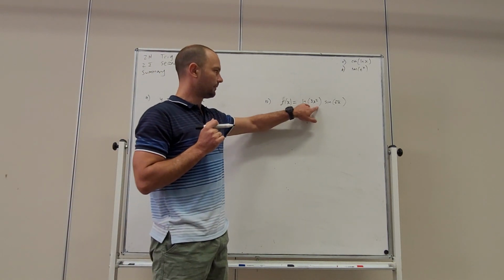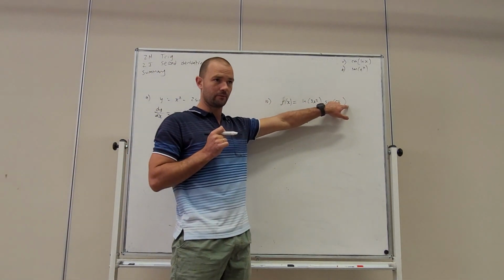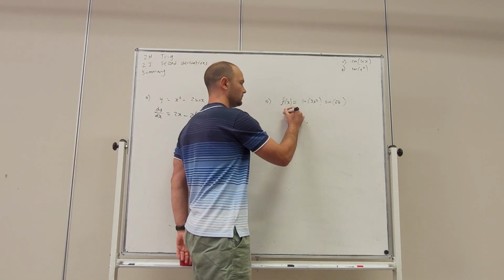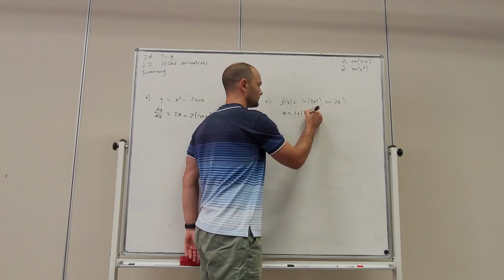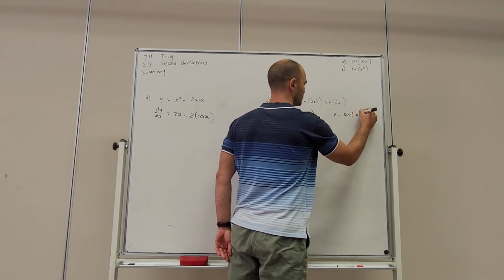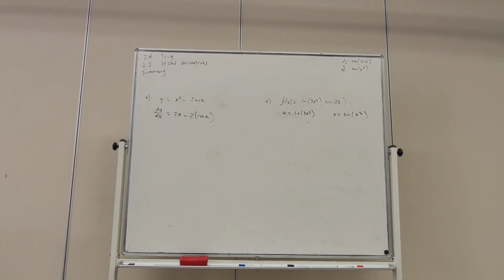Alright, we have ln of 3x squared times sine of the square root of x. So we're multiplying them, we have to use the product rule. So we'll identify u and v.